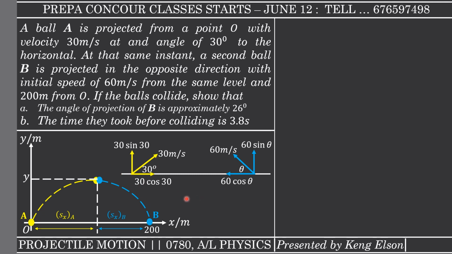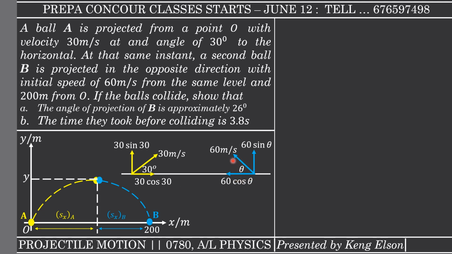So this one was for the distances, and now it leads to the diagram for the velocities. We have the initial position of ball A here. The angle that the initial velocity makes to the horizontal is 30 degrees, so we can resolve the velocity into two components: the vertical component, which will be 30 sine 30, and the horizontal, which is 30 cos 30. Now for ball B, we can see that it is inclined.